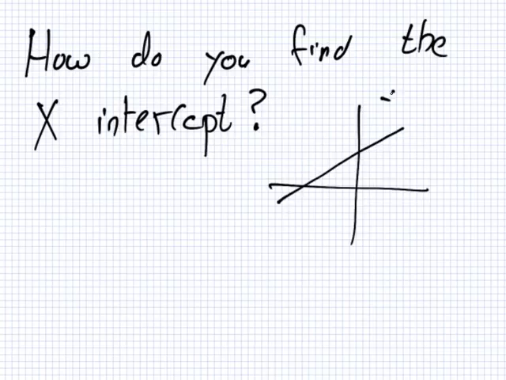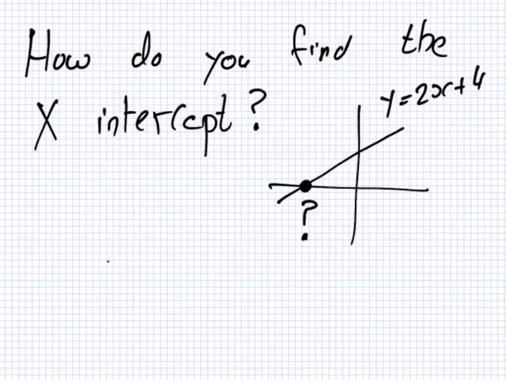What do you think, Jason? How can I find x-intercept? X equals 0. Nearly. Anyone remember this from middle school? Y equals 0. Yes.